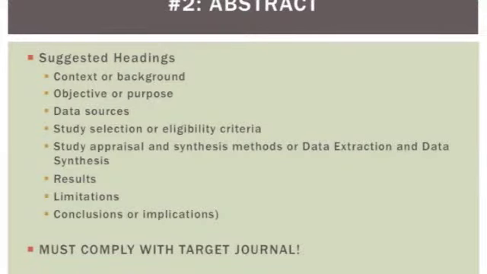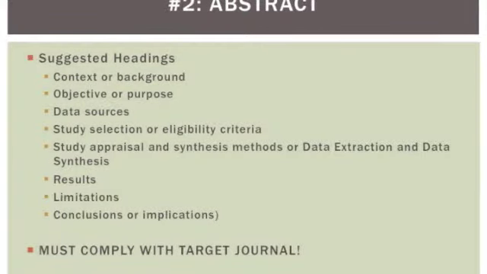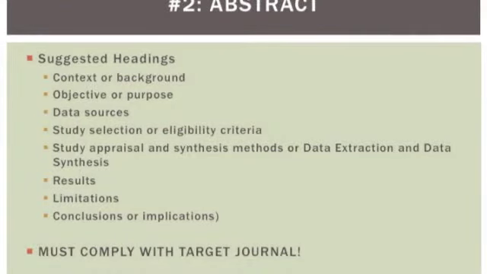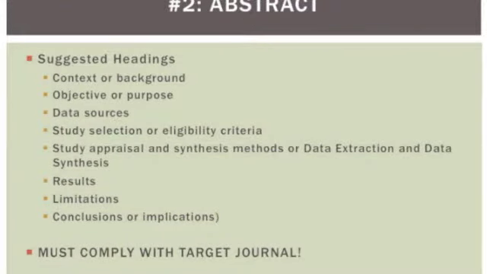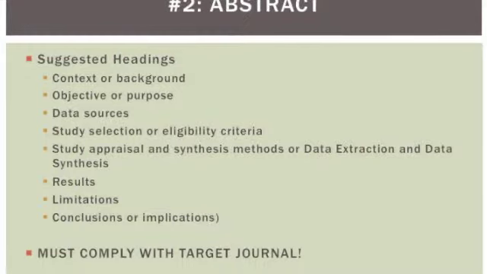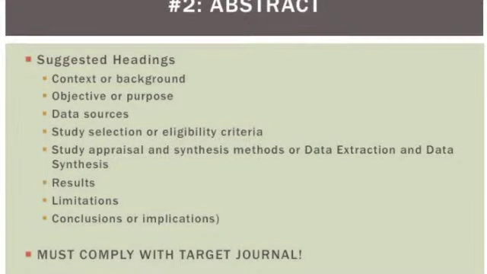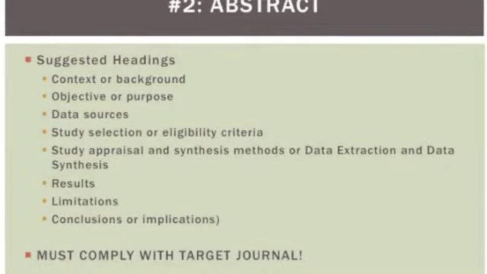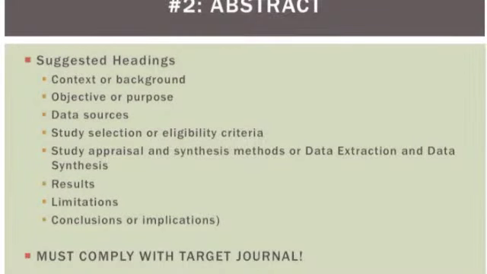It may help to organize your abstract with suggested headings, such as context or background, objective or purpose, data sources, study selection or eligibility criteria, study appraisal and synthesis methods, or data extraction and data synthesis, results, limitations, and conclusions.